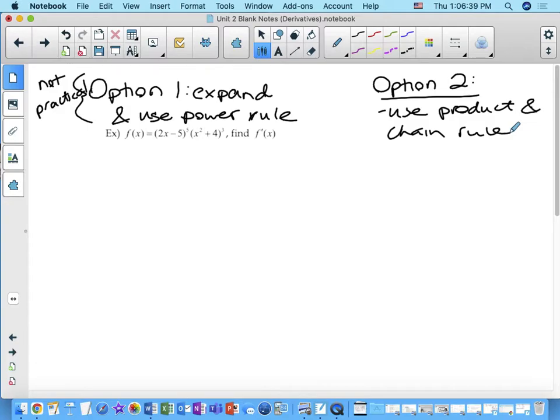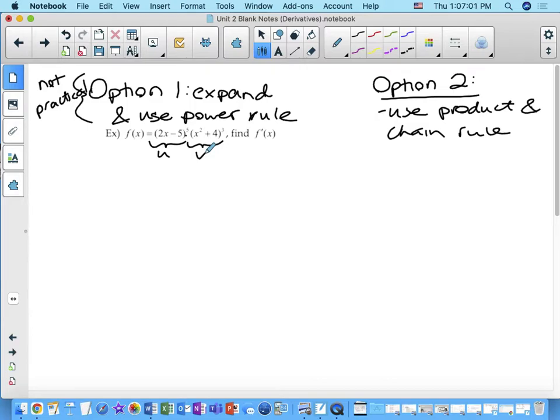So we're basically multiplying two things together. So this is u, this is v. We're going to start out with our product rule as we normally would. But when we find u prime and v prime, we're going to have to apply the chain rule.